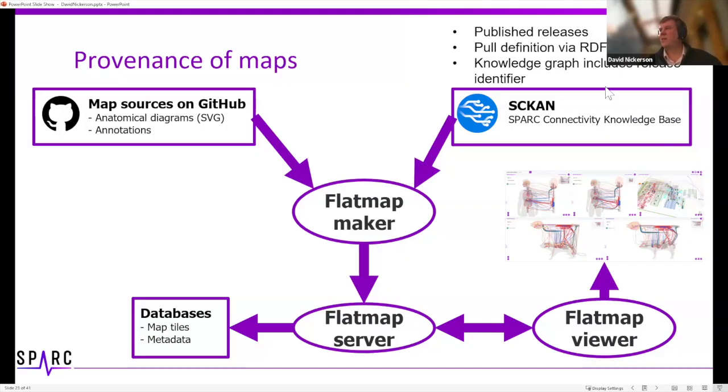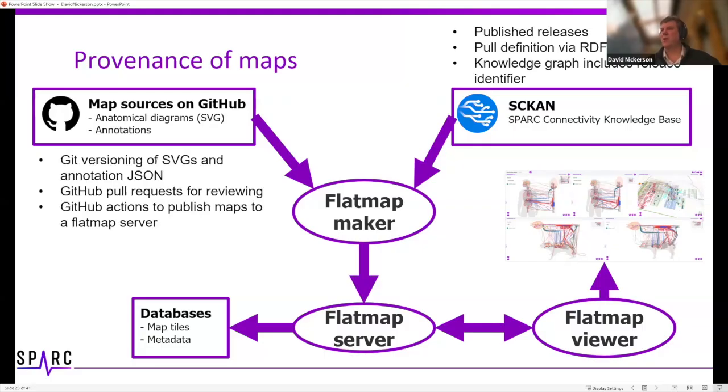For example, SCAN publishes releases, and that information is embedded in a SCAN release, so you can always unambiguously go back to know exactly what set of knowledge was used to produce any given map. Those sources on GitHub are essentially SVG files with a lot of annotations captured in JSON files. And so, using the versioning on GitHub, and things like releases, you can know exactly what version of everything was used.